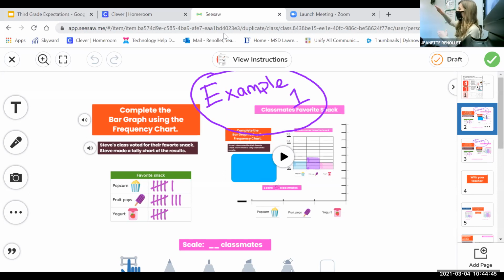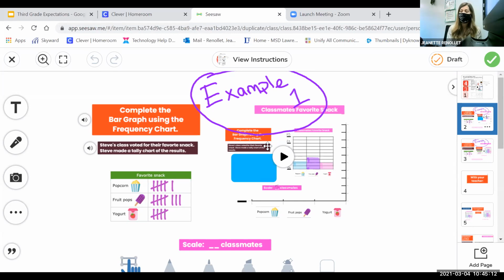I'm thinking counting by 5s left too much space between each number, where she kind of had to guess where to stop her bar. And then when we're looking at the graph, we kind of have to guess. If you asked me how many kids ate Fruit Pops, I might say 8, I might say 9, I don't really know. And that's the problem.